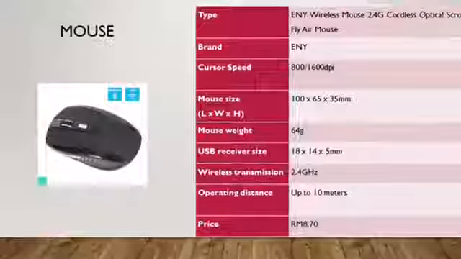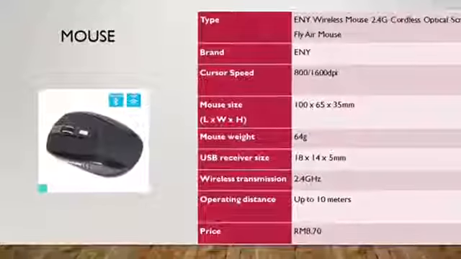So I will proceed with another two specifications of the computer, which are mouse and software. Firstly, I would like to present about the mouse. Okay, based on the slide given, we decide to choose an ENY wireless mouse 2.4G, cordless optical fly air mouse. The scroll speed of the mouse is 800 to 1800 dpi.